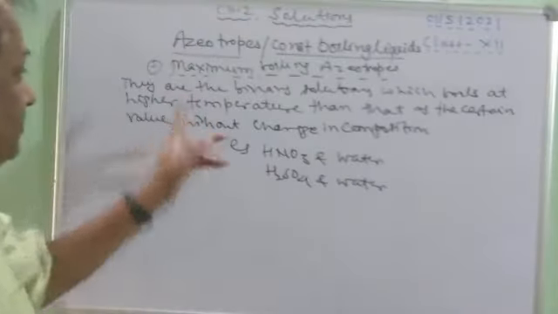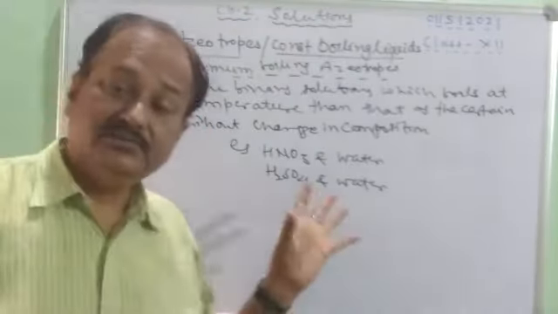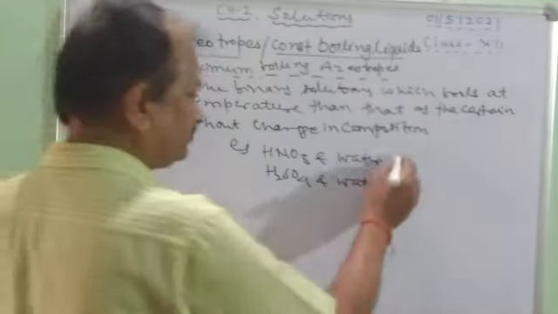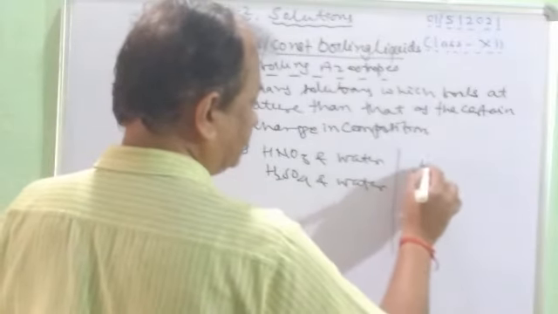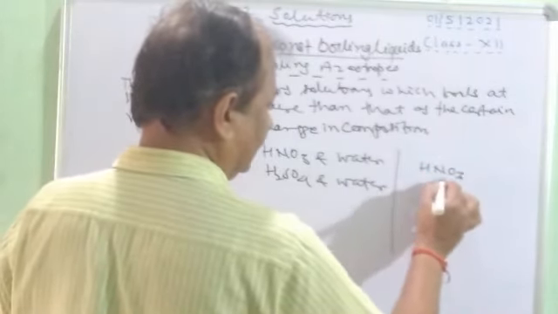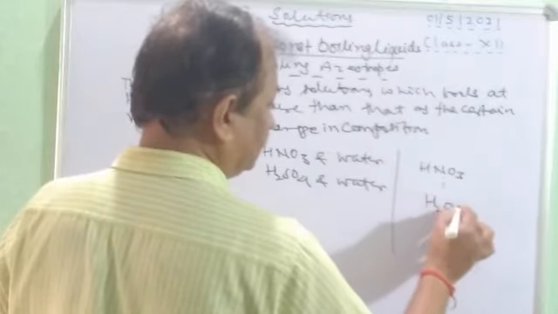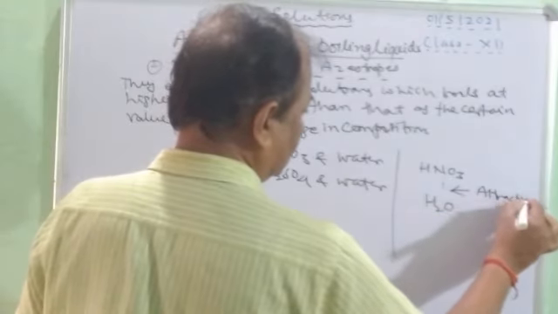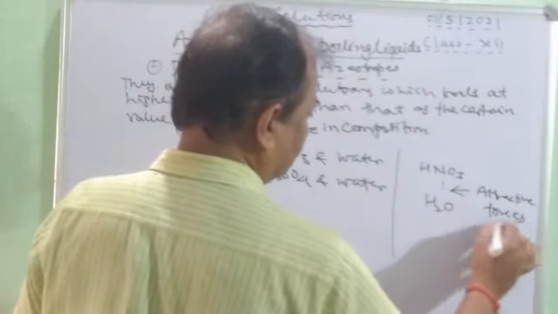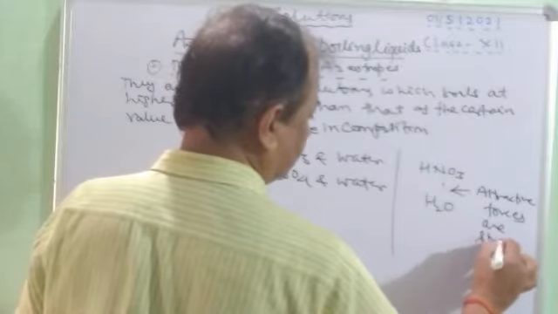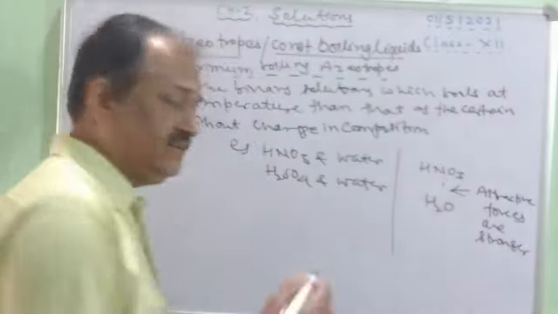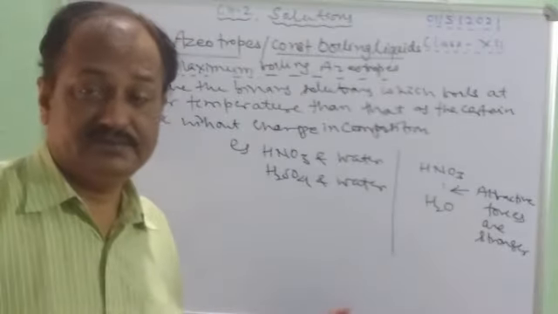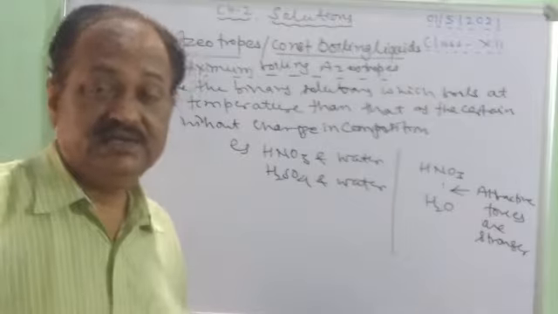But here, as it is maximum boiling, the forces of attraction between the molecules will be much more. If we take HNO3 and water, here the attractive forces are stronger. Actually they are a type of non-ideal solutions having negative deviation.